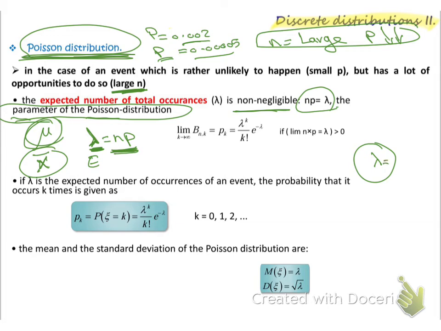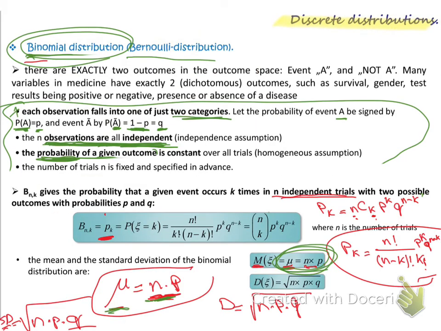But if I have a specific event and I want to know the probability of it happening 3 times, 4 times or 5 times, that number is called k, the number of times I expect it to happen. Remember that k also was the number of times in the previous slide.